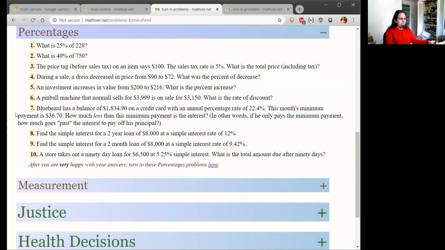Which one should we do? 8, 9, or 10? I just want to know if we could do one like the last one we did, similar, like with the months. Let's do 9. 9 has months.